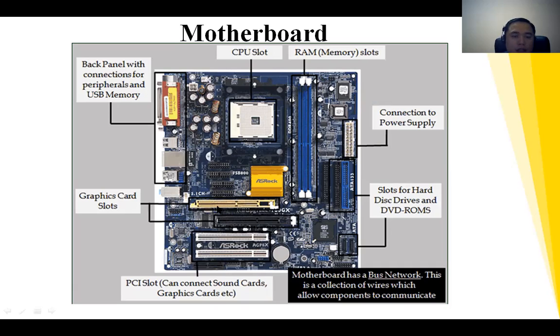Graphics card slot. A back panel with connections for peripherals and USB ports, USB memory. The motherboard has a bus network. This is a collection of wires which allow components to communicate.